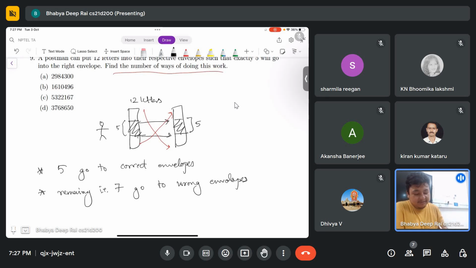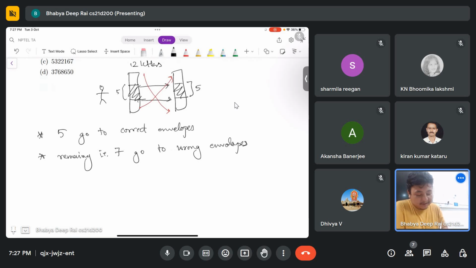What does it mean to go to the wrong envelopes? The remaining ones derange. This is the main idea.